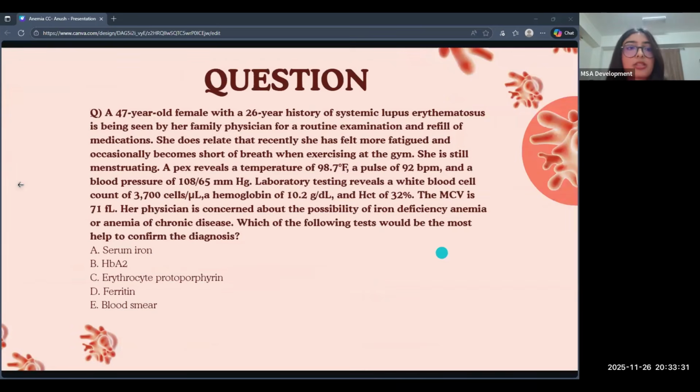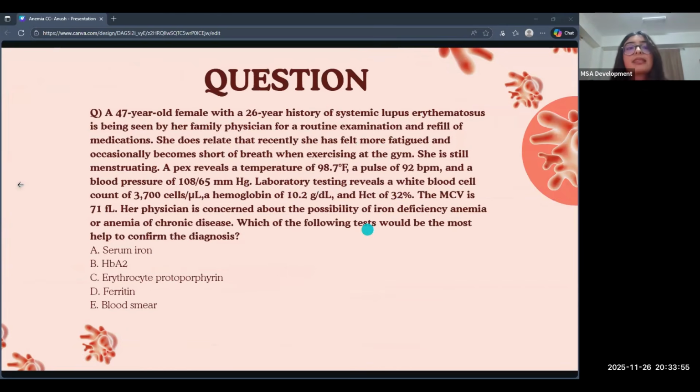Okay, now let's do a question. A 47-year-old female has a 26-year history of SLE. Now, what does she present with? She felt more fatigued, short of breath when exercising, and she's also menstruating. And let's see, she has a WBC of 3,700, HB of 10.2, hematocrit of 32, MCV 71.